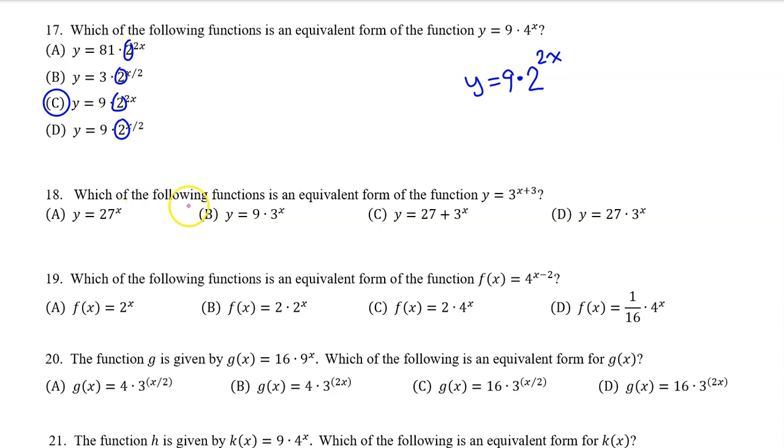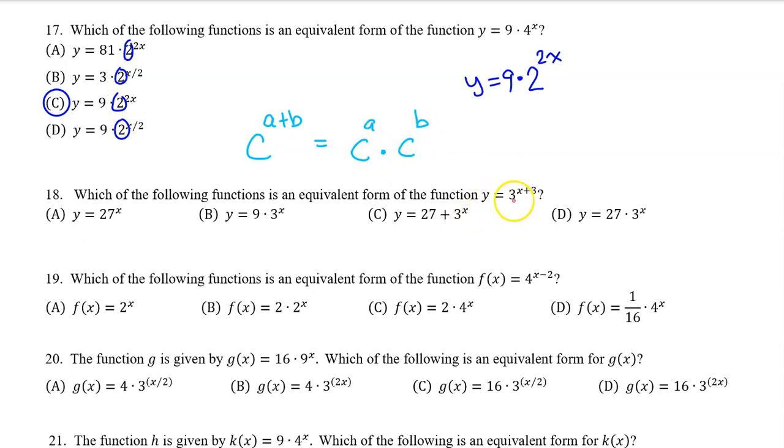Number 18. Which of the following functions is an equivalent form of the function y equals 3 to the x plus 3 power? All of these different forms have just a plain x, not a sum. So we will use this property of exponents that we have learned. C to the a plus b power can be rewritten as c to the a power times c to the b power.